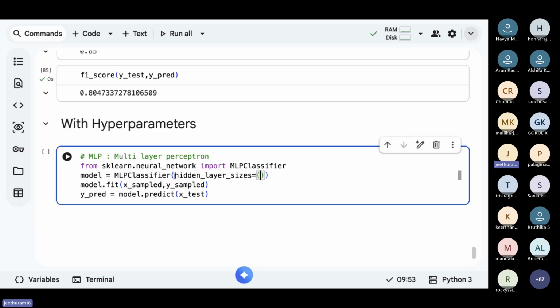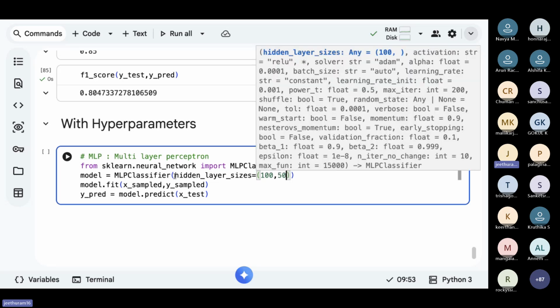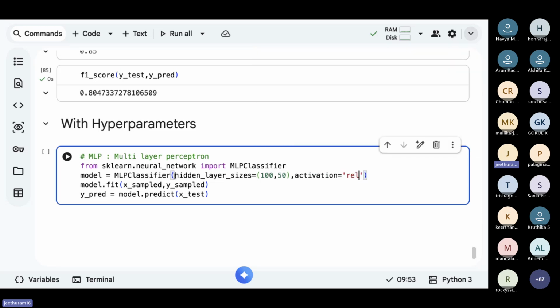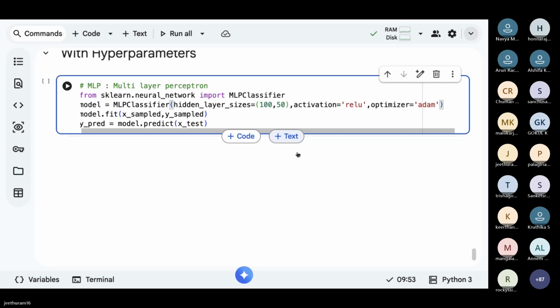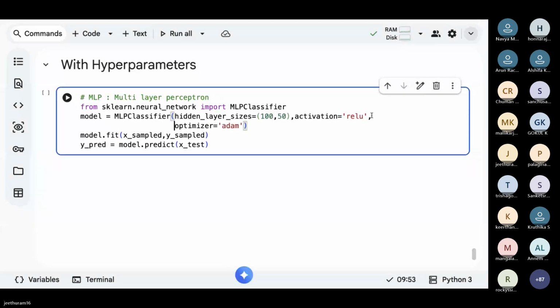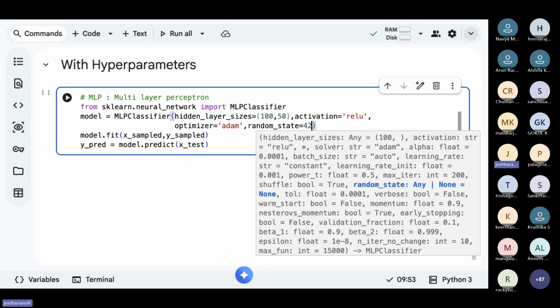I want two hidden layers, in which the first layer should have 100 neurons and the second layer should have 50 neurons. And then I'll be using an activation function, which is the most popular one, ReLU. And then I'll be using an optimizer, which is Adam. I'll discuss all this today. And then let's say random state equals 42.